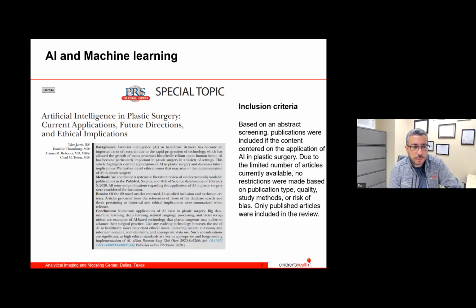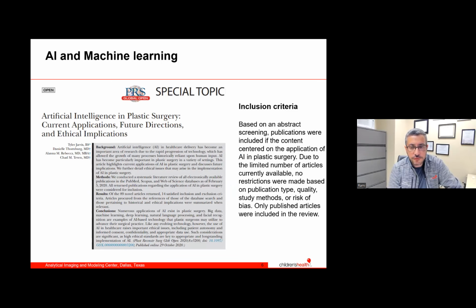A recent paper published in PRS Global Open did a retrospective study, a review on artificial intelligence in plastic surgery. They only found 89 novel articles in machine learning and artificial intelligence, and only 14 satisfied the inclusion and exclusion criteria they put in place.